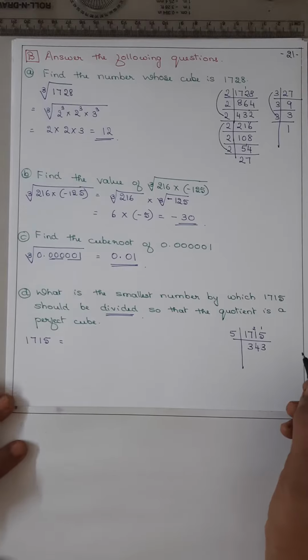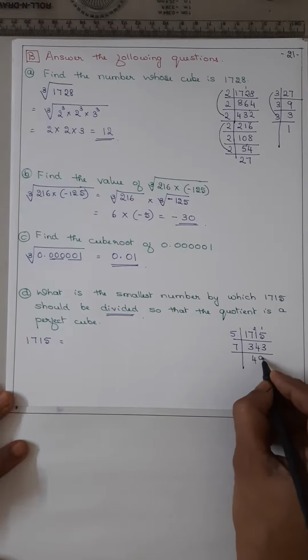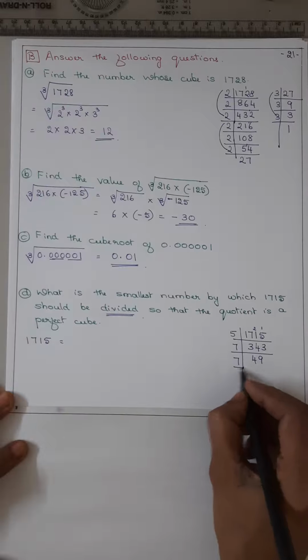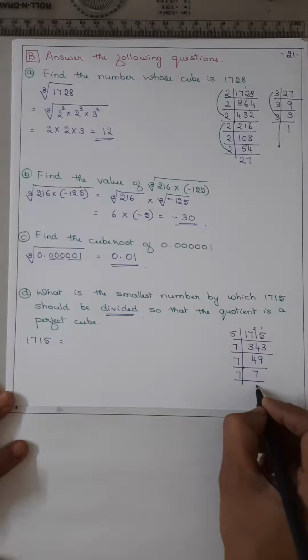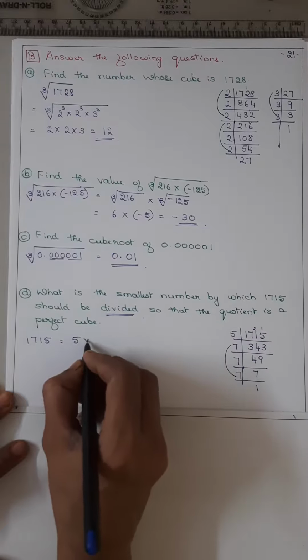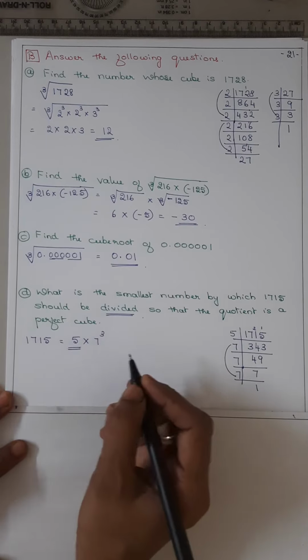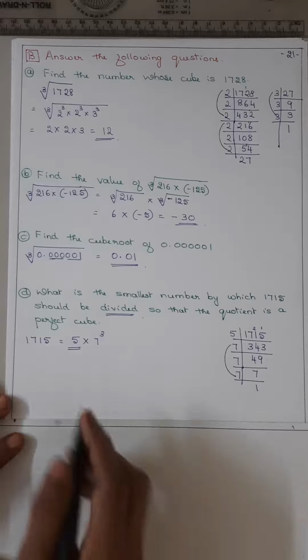Now 343, you remember, it is of 7. 7 49s are 343, 7 7s are 49, 7 1s are 7. So you got 5 into 7 cube. So which is extra? It is 5.